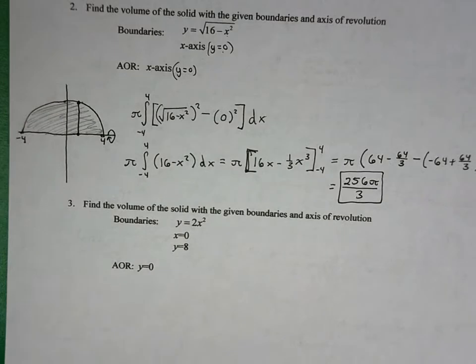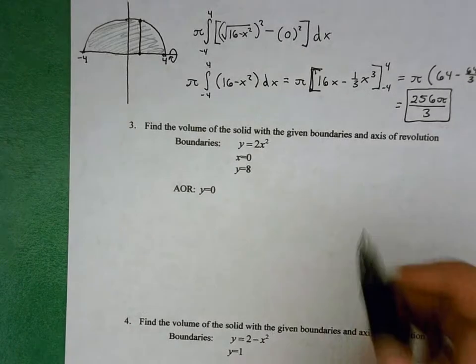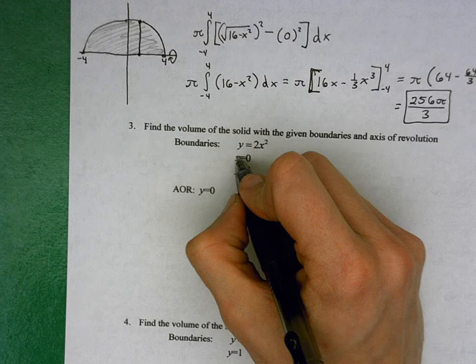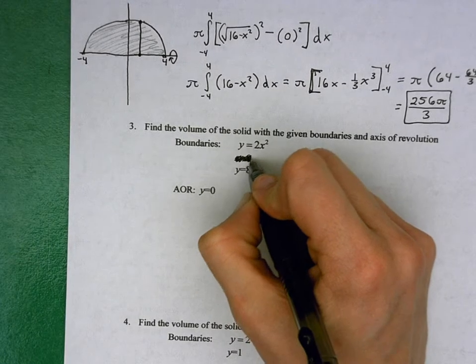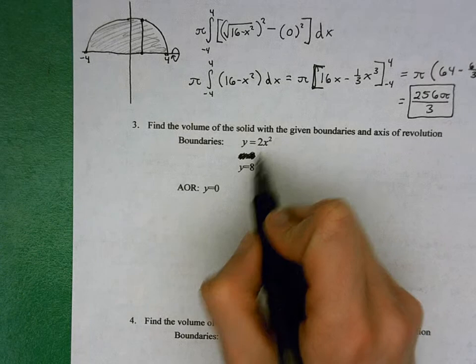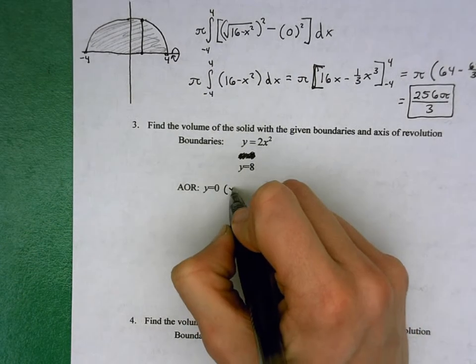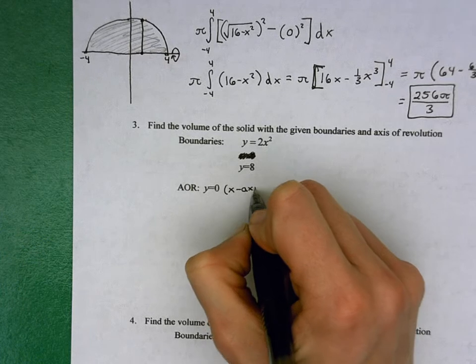Okay, so we are on to number 3. Number 3, we are finding the volume of the solid with the given boundaries and axis of revolution, and this actually is a typo. Okay, and so we have y equals 2x squared, y equals 8, and we're revolving around y equals 0, which is the x-axis.